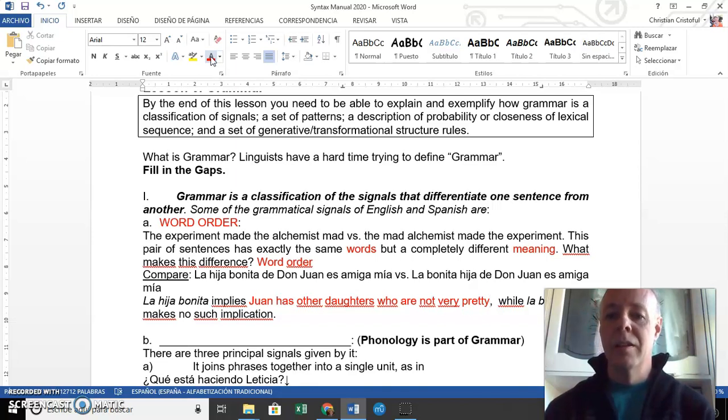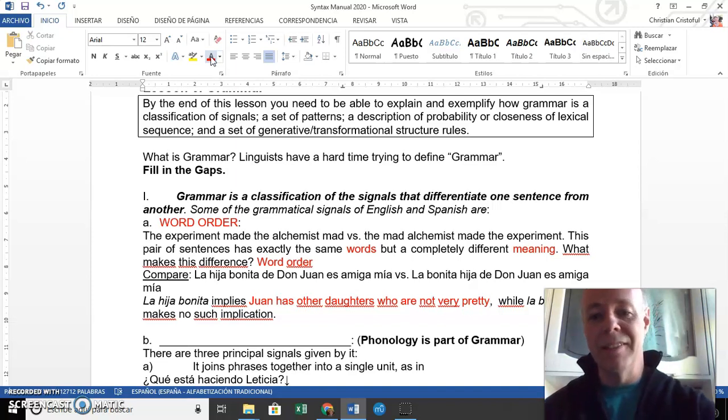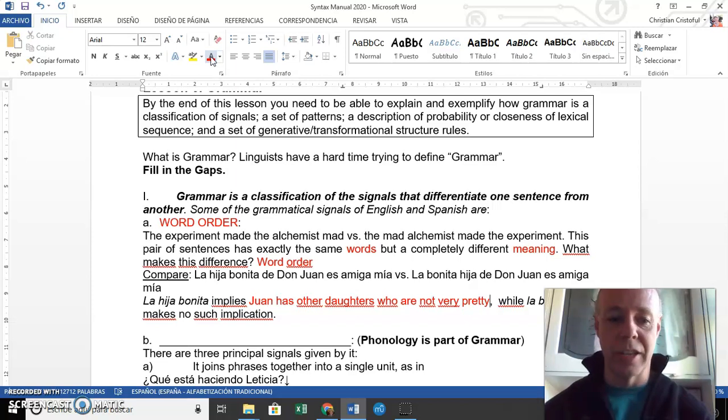Okay, so la hija bonita distinguishes her from her sisters who are not very attractive. So conclusion then, both English and Spanish have this signal of word order, and word order changes the meaning. Which language has a more drastic meaning change, English or Spanish? Yes, it's English. English has a more drastic change. Let's continue.